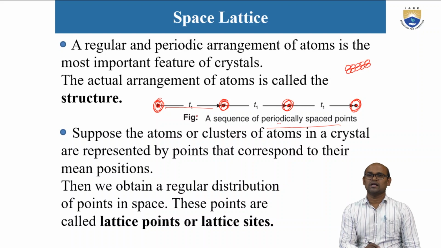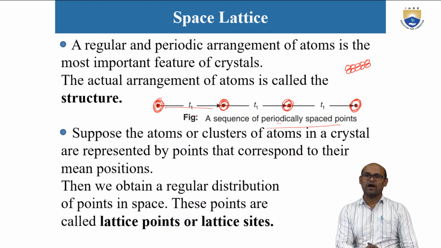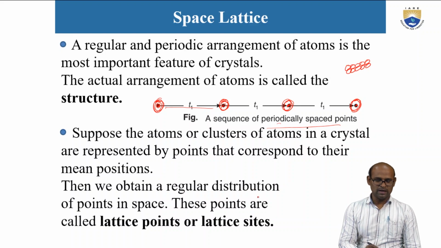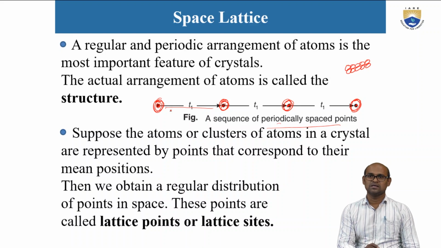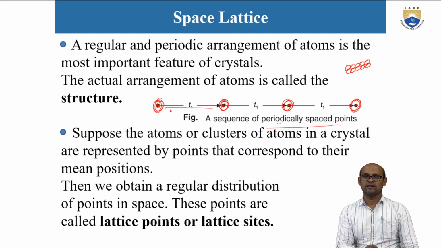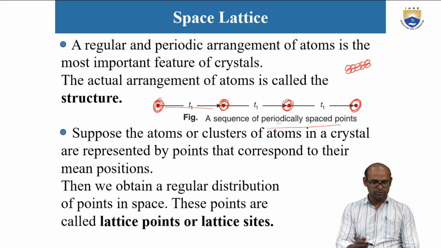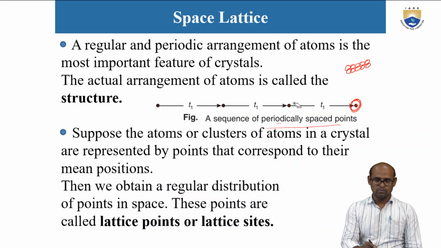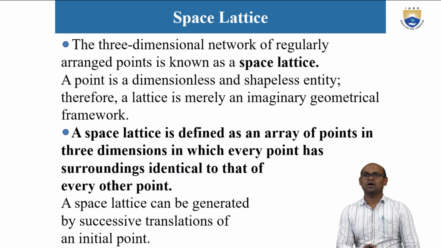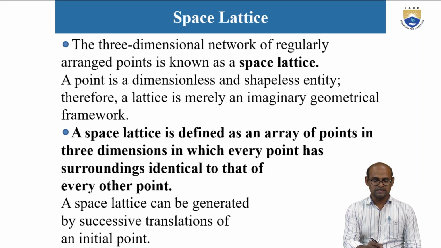So the points that represent the mean positions of atoms are called lattice points, or lattice sites. When we represent the mean positions of atoms by lattice points, we get a regular distribution of points in space. You can clearly see there is a regular distribution of points. The three-dimensional network of regularly arranged points in space is known as space lattice.